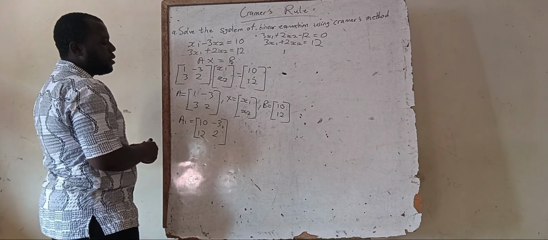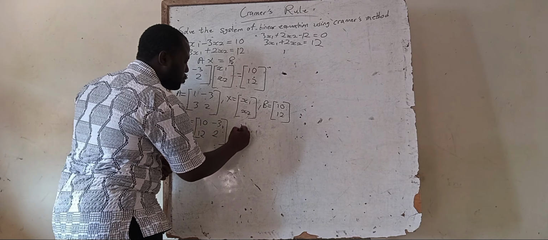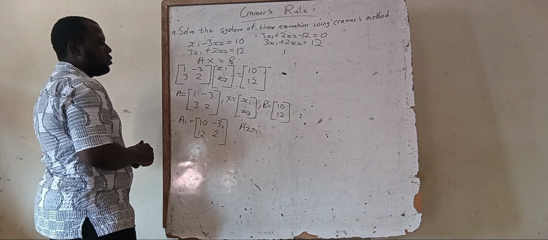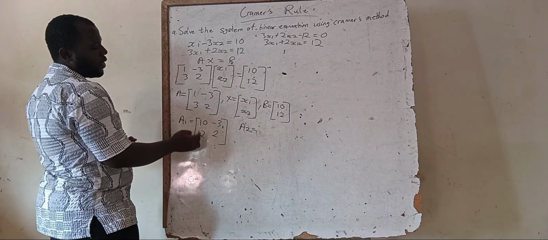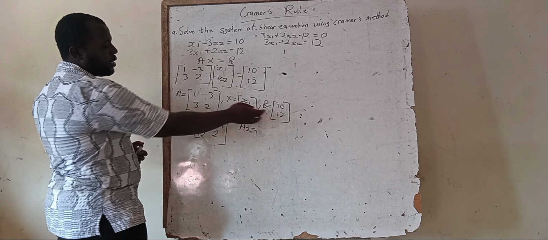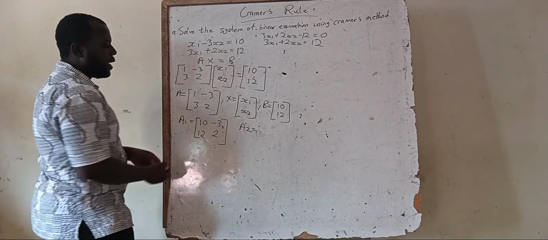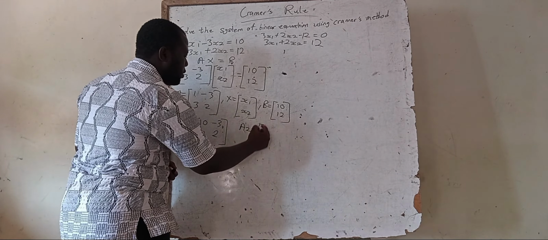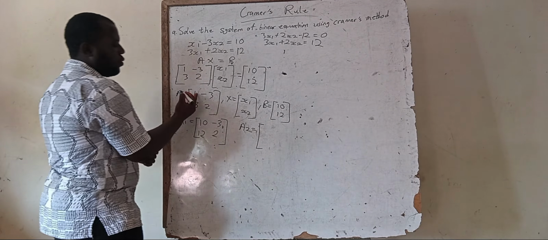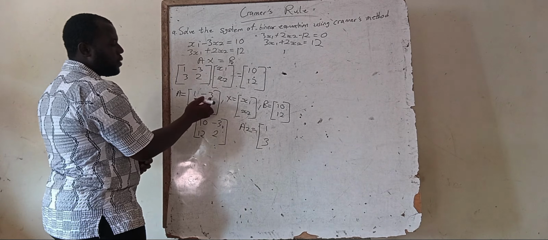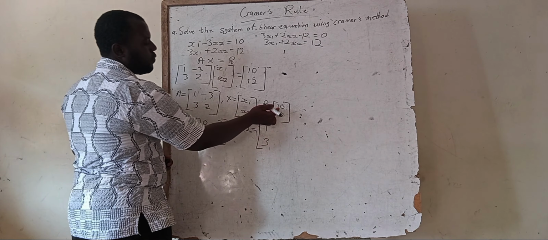Then let's say we have another one, A2. What will be A2? Since for A1 we replaced the first column, for A2 we keep the first column, 1 and 3, and replace the second column, negative 3 and 2, with 10 and 12.